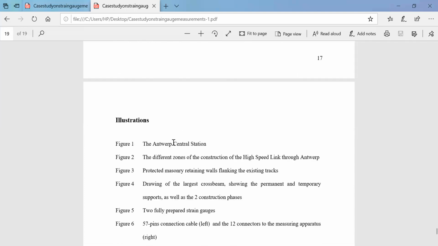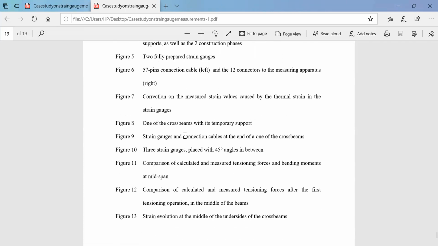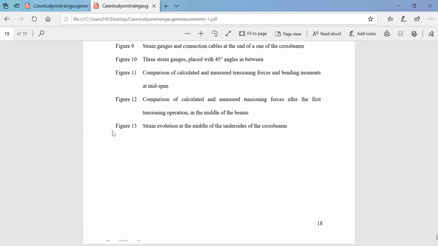If you go through these illustrations across the different stations, you can see how they constructed the wind tunnel, where the strain gauges are placed and at which angle, and how they were able to compare the calculated and the measured tensioning forces. You will get an exact, clear picture of the importance of strain gauges. I will share all other details in Google Classroom later.